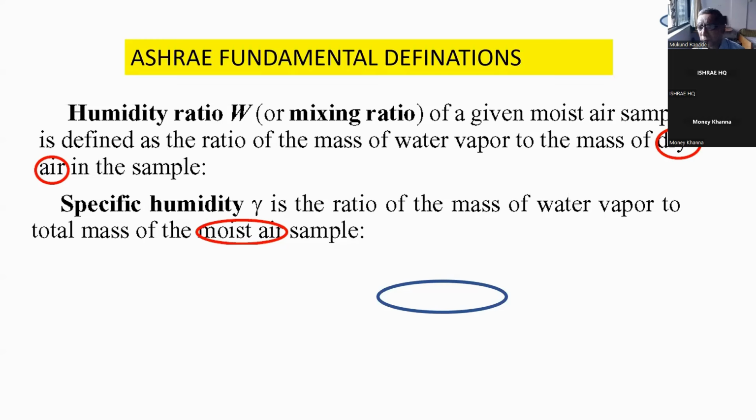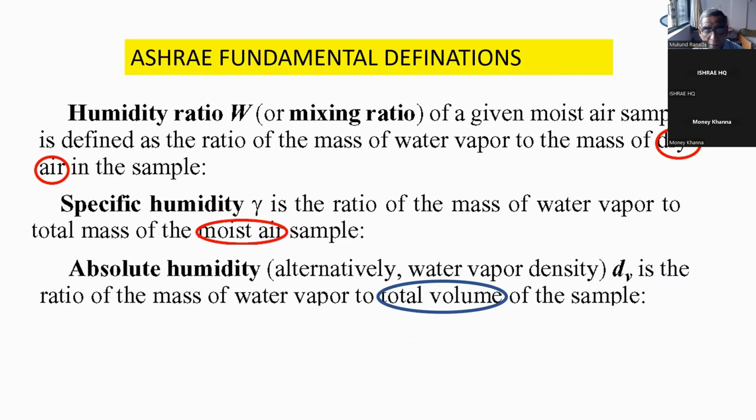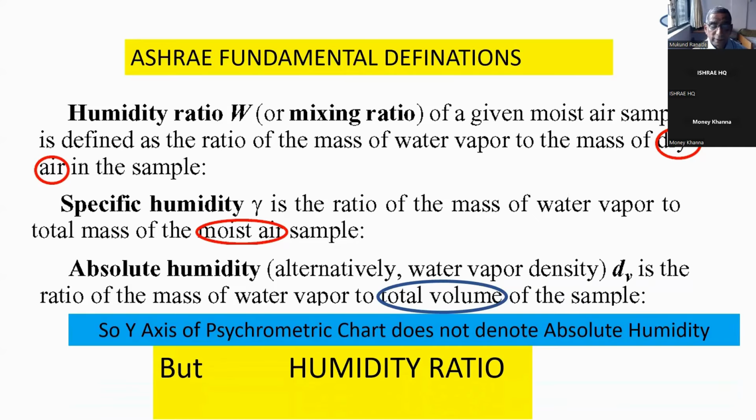Specific humidity has the total mass of moist air as the denominator, and absolute humidity has the total volume as the denominator. So the first simple misconception: the y-axis of the psychrometric chart does not denote absolute humidity, but humidity ratio.